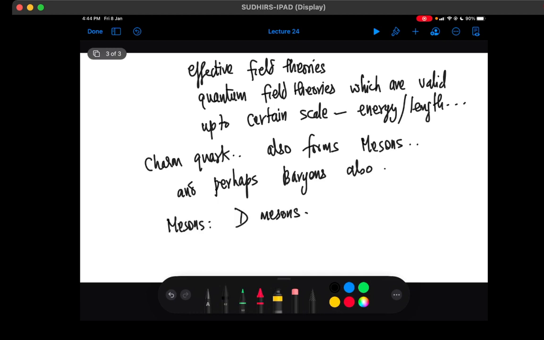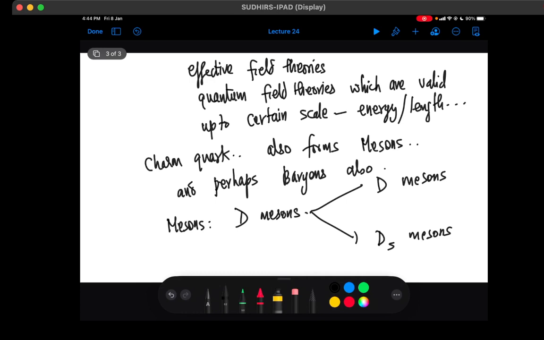These are classified into two. One is Ds mesons, which essentially contain strange quarks; when the charm quark sits with the strange quark, the mesons you can form are called Ds mesons.